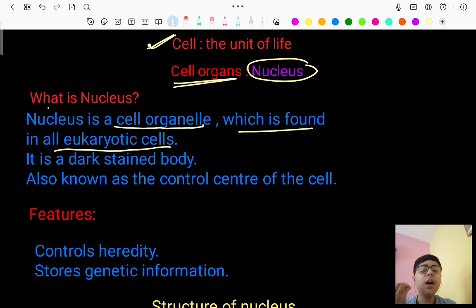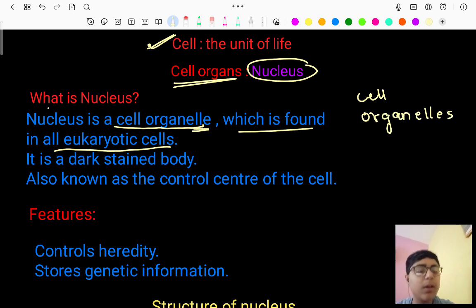The organs of the cell are known as cell organelles. Cell organelles are basically the cell organs.